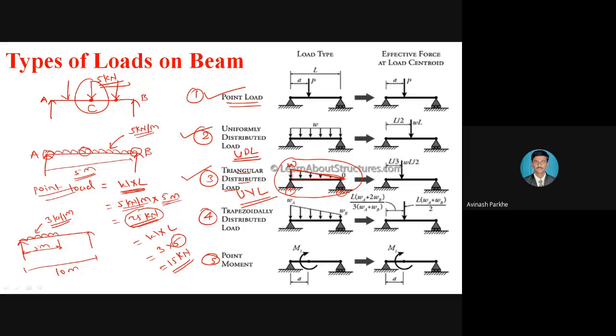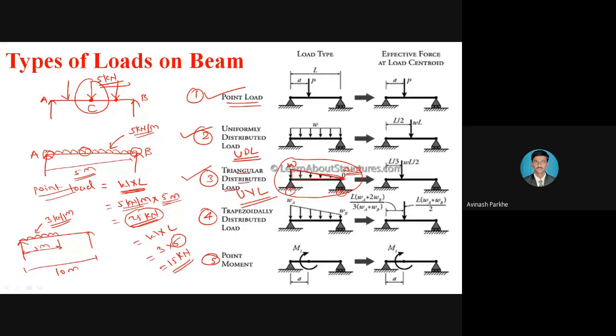And at this second point, the load W is equal to 0. That means here the intensity of load decreases at a constant rate. Whatever inclined line is present in this figure, that inclined line represents that the intensity of load decreases at a constant rate. Therefore, that inclined line is provided.